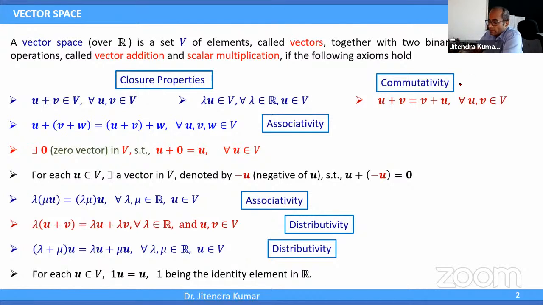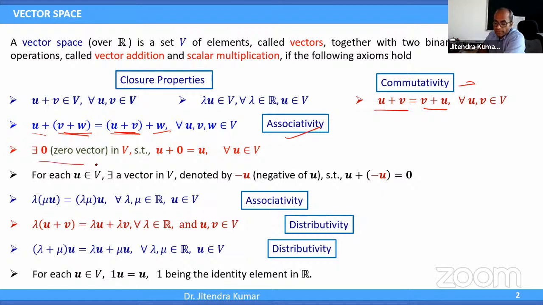These include commutativity, which is u plus v equals v plus u, so they can commute with each other. There is an associativity property, that means you add u to v plus w, or you first add u and v and then add w; it should be the same.